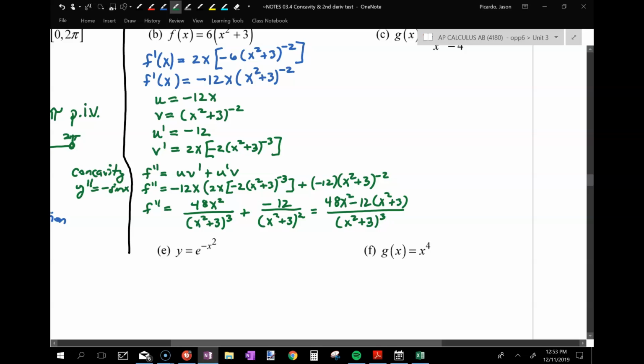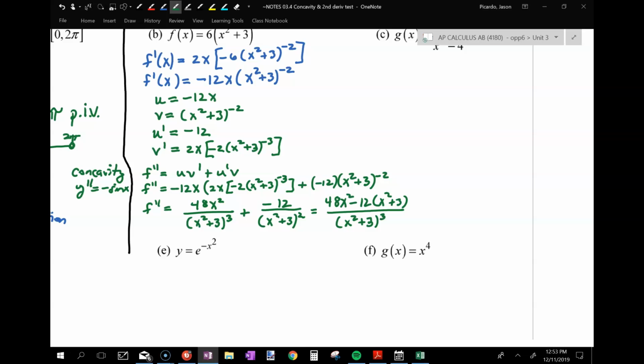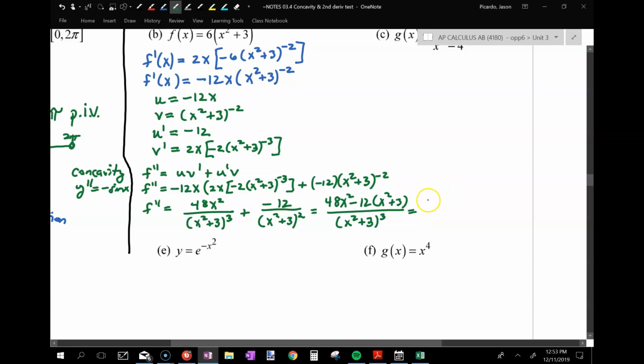Which I distribute that negative 12 and combine my like terms, and I wind up with this. Boom. And there is my second derivative.